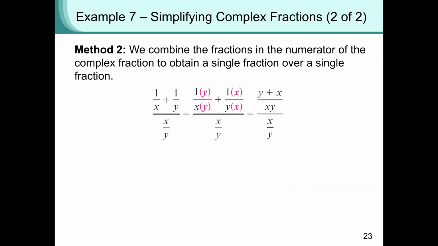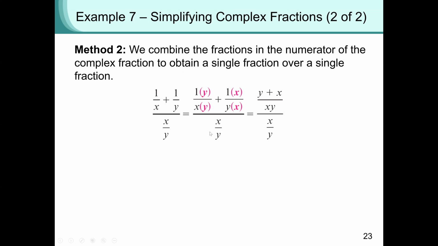Since we have xy, the common denominator will be xy, because there's x on the left side and y on the right side. So on the left side, we get x times y. On the right side, we get y times x. Then we have y and x at the numerator, because xy divided by x will be y times 1, and xy divided by y will be x times 1.